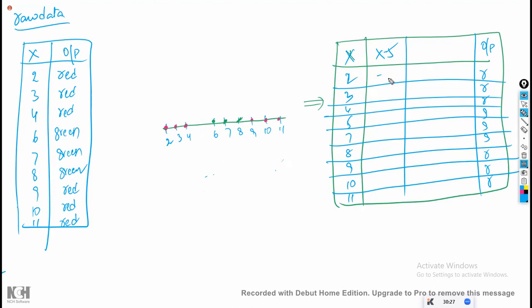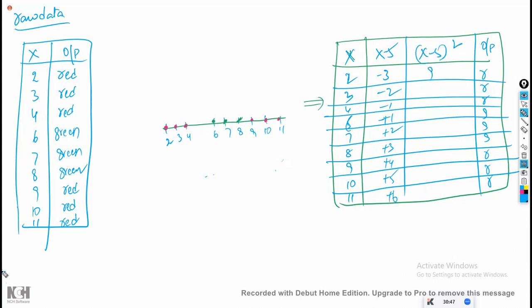And this is minus 3. This is x minus 5: minus 3, minus 2, minus 1, and then 0, plus 1, plus 2, plus 3, plus 4, plus 5, plus 6. And you are going to create x minus 5 whole square.